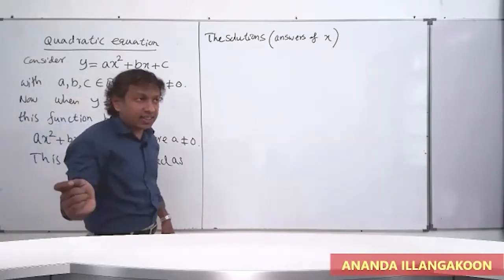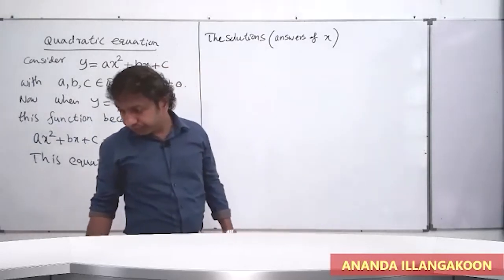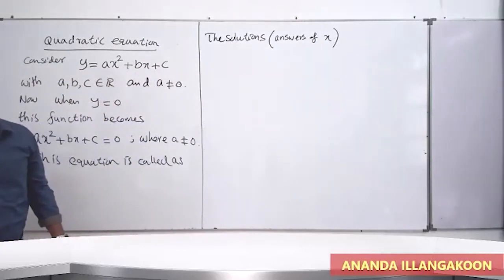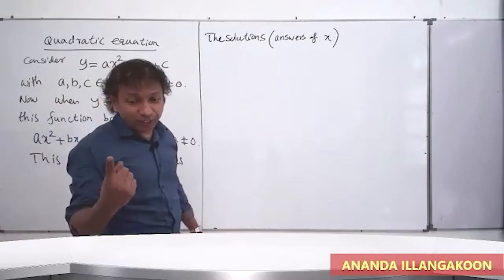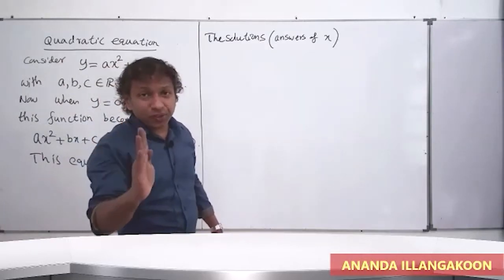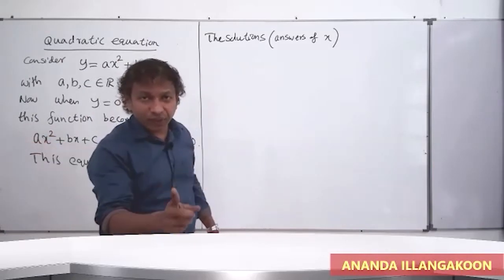And these roots are given by, people, what is the formula? These roots are given by the formula we obtained today: x equals minus b plus or minus the square root of b squared minus 4ac, the whole thing divided by 2a.